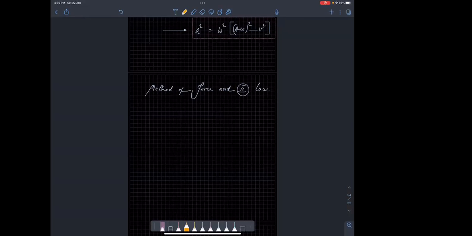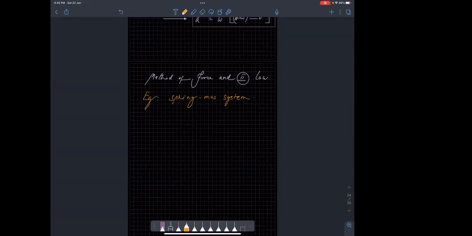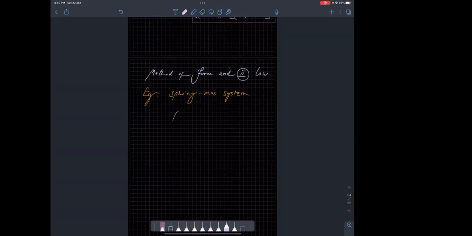Example, spring mass system. First, what did you write? F equals to minus kx.